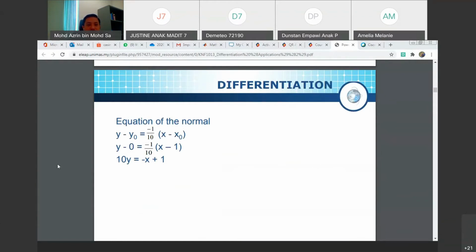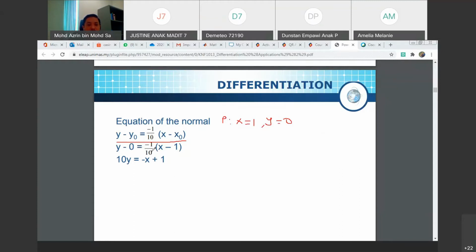So this is the normal line equation or formula. Then you have y naught, as mentioned earlier, at point P where x equal to 1 and y equal to 0. So now y naught is 0.